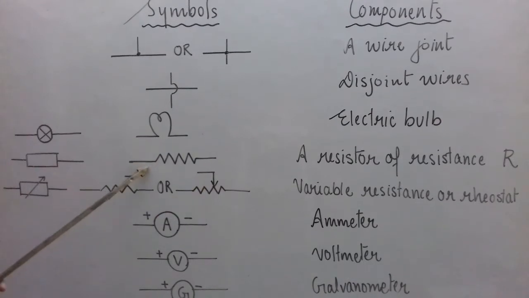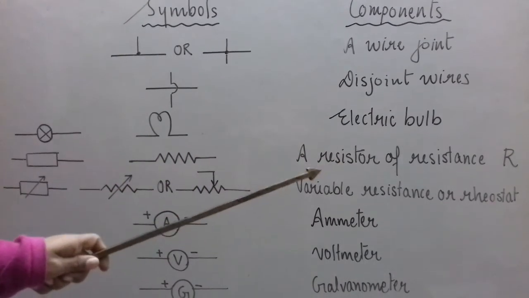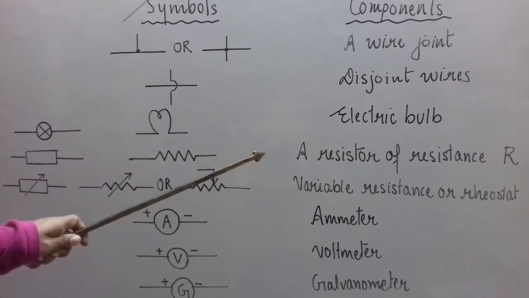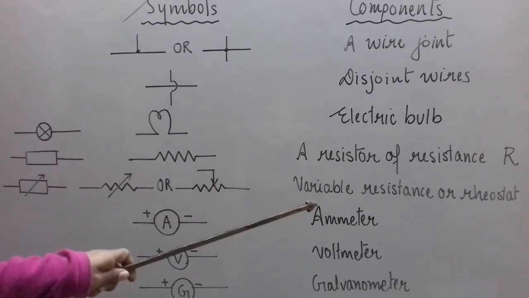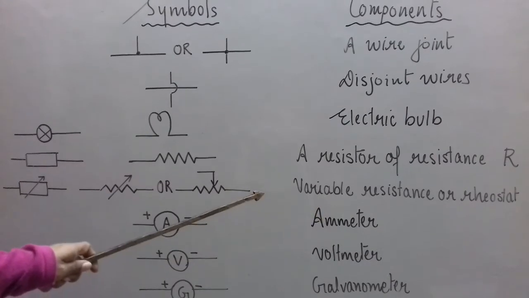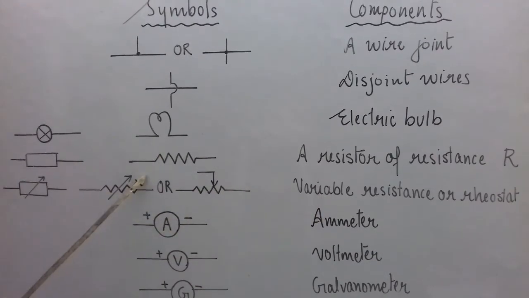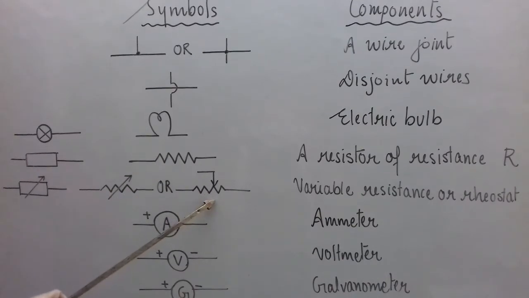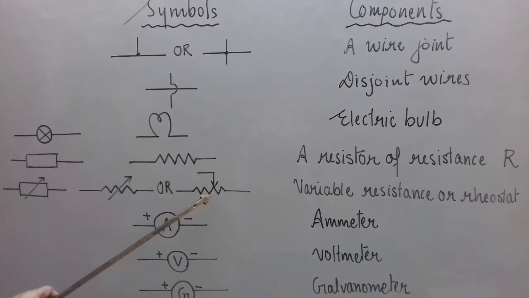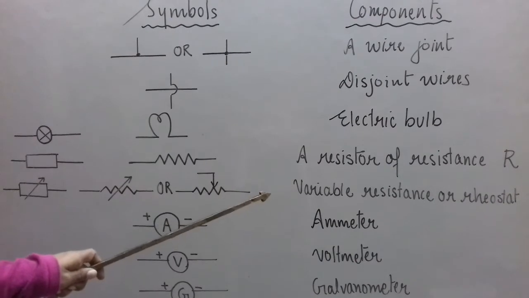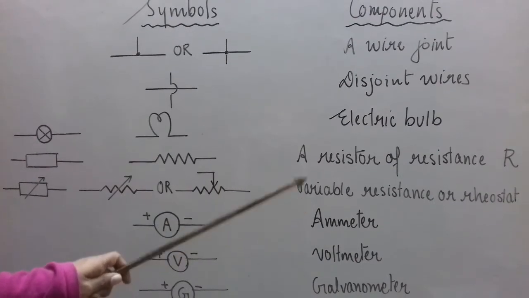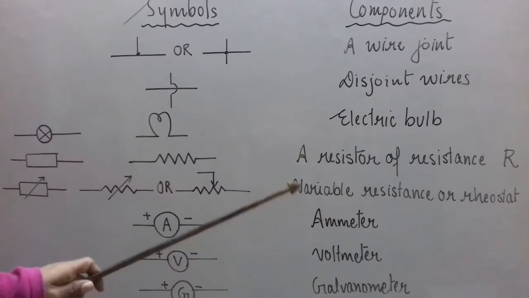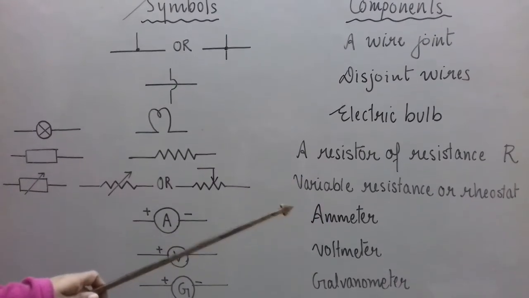Similarly, this resistor has a fixed value of resistance R, although you don't know now what resistance actually is. Just listen here. Variable resistance or rheostat. Here the value is fixed. This is having fixed resistance. Here there is an arrangement for varying the value of resistance of the resistor. So we call it variable resistance, or there is a component called a rheostat which also provides variable resistance.